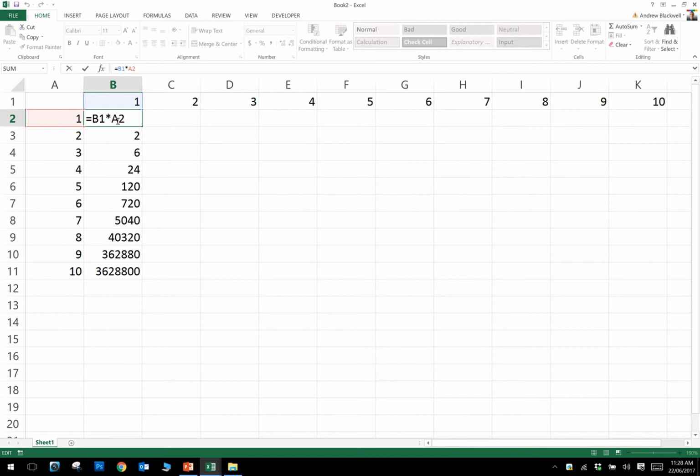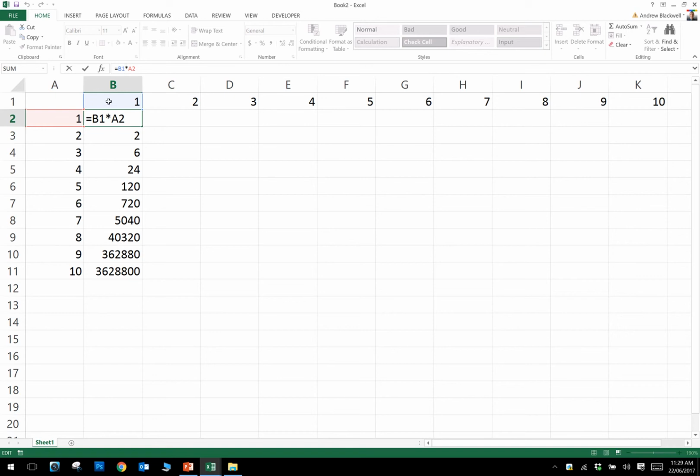So what we have to do in this formula here, we have to tell the computer that we want B1 to stay where it is. Now, we introduce a new thing called a dollar sign, which makes absolute referencing to where we want to do our multiplication when we drag it down.